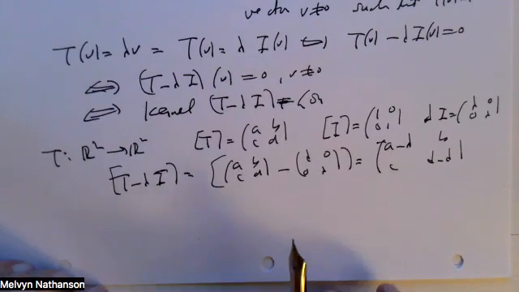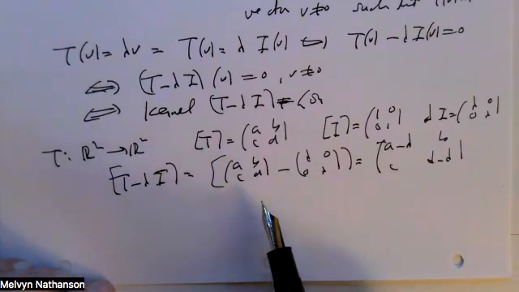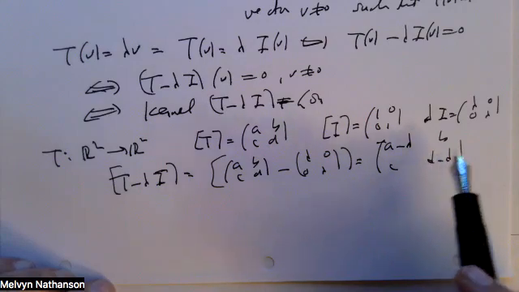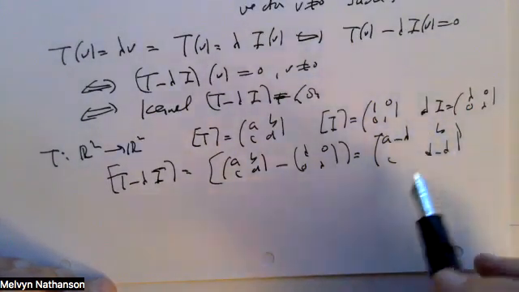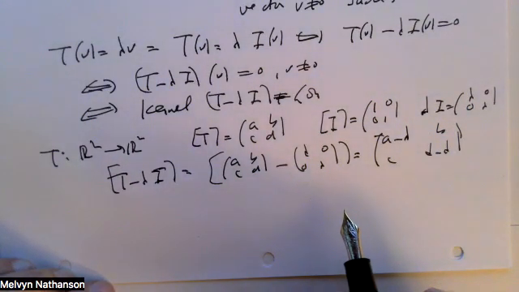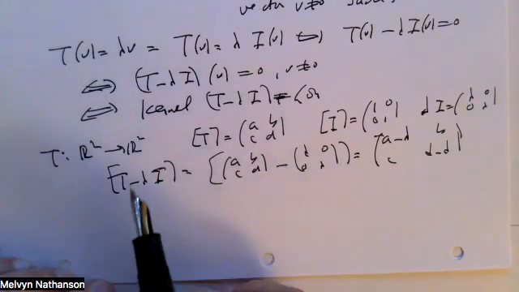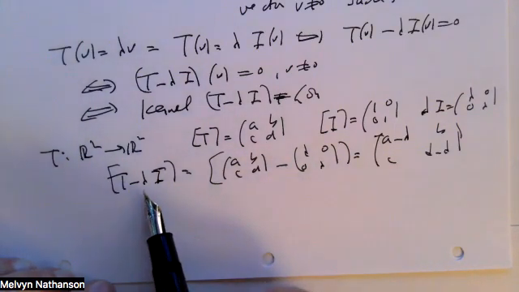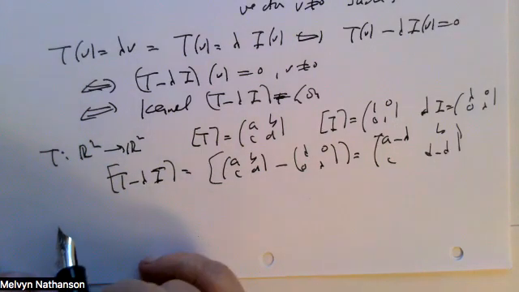And the kernel of this is 0 if and only if the determinant is non-zero. An equivalent way of saying this is that there's a non-zero vector in this kernel.